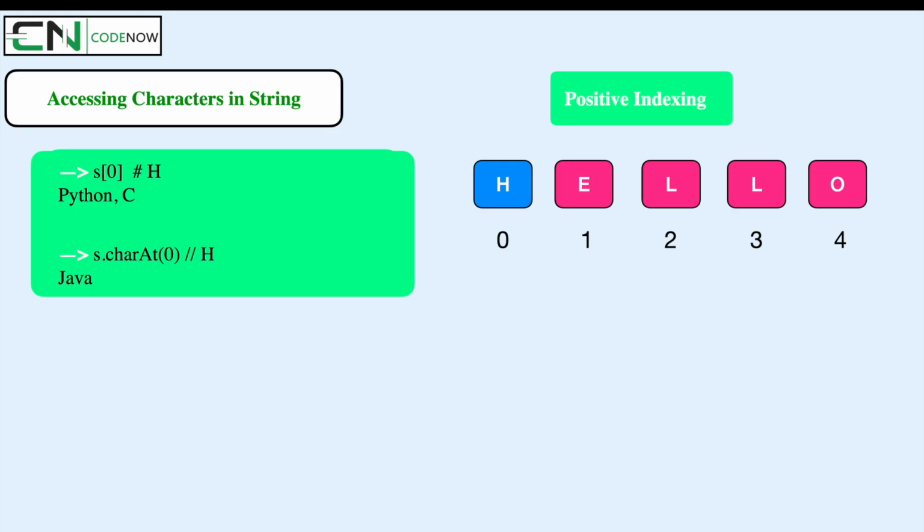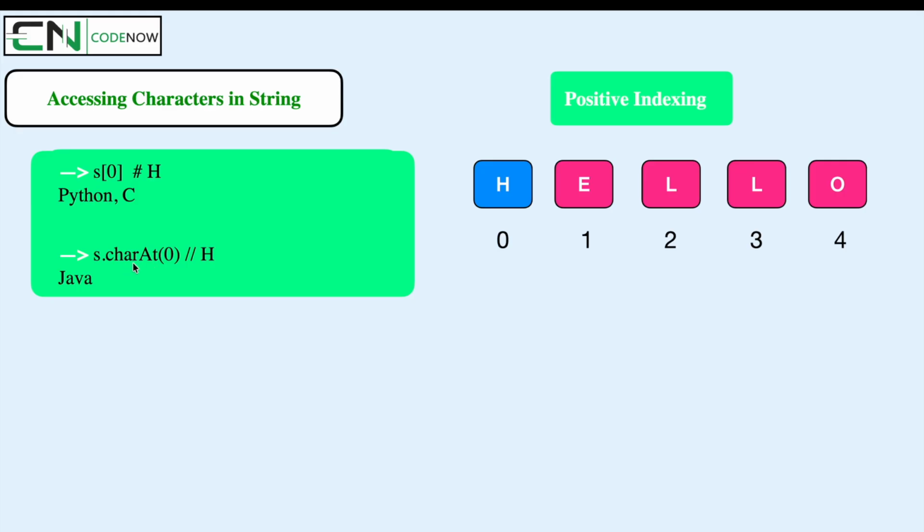Here we are given the example "hello", starting from index 0 up to n, which is 4. We know that the 0th element is H, but to print that element, we need to give s[0], where s is the variable in which the string is stored. s[0] will give us H. This is how the syntax is written in both Python and C, whereas in Java, we use the charAt function.